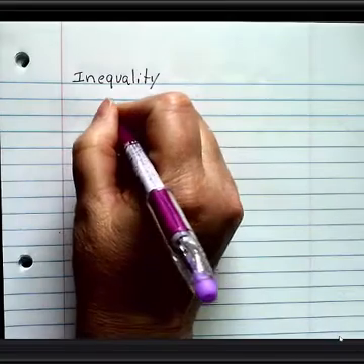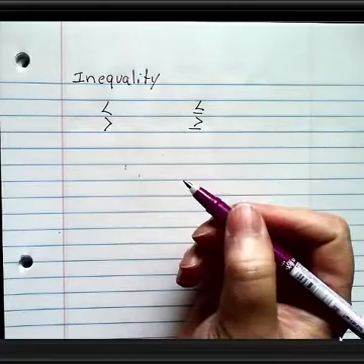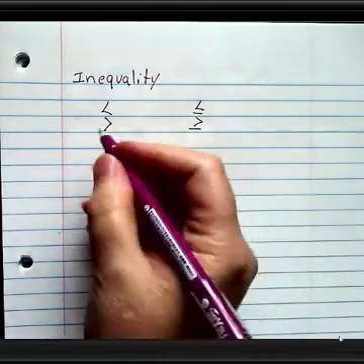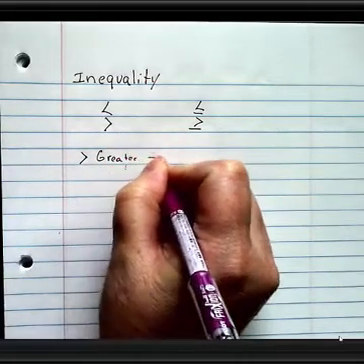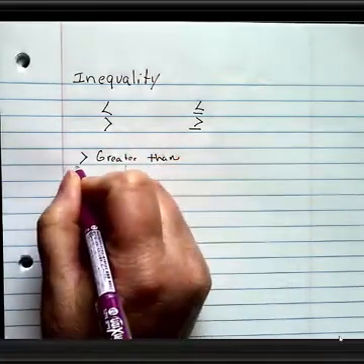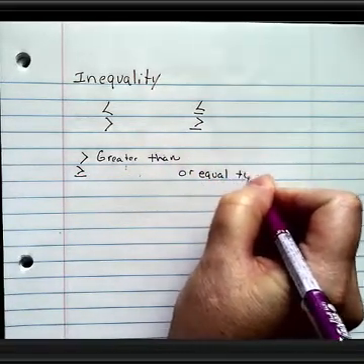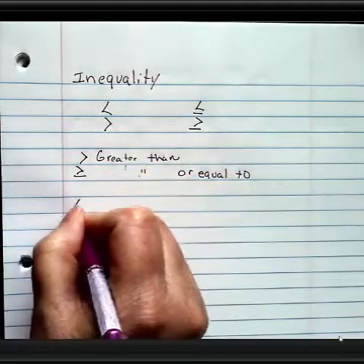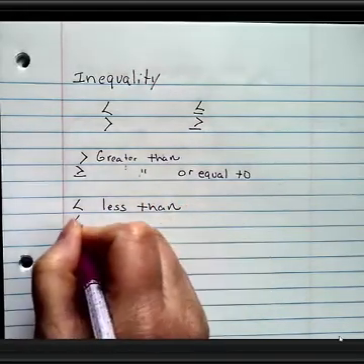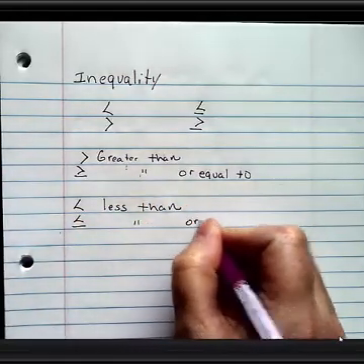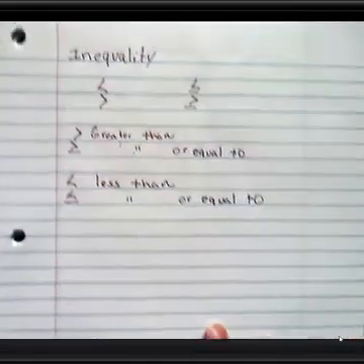An inequality is when you have these symbols, and we have already talked about these very briefly, but remember this is greater than, and this is greater than or equal to, and then you have less than and less than or equal to. So we're going to be solving equations with these and graphing them on a number line.